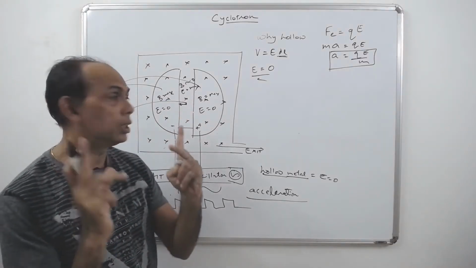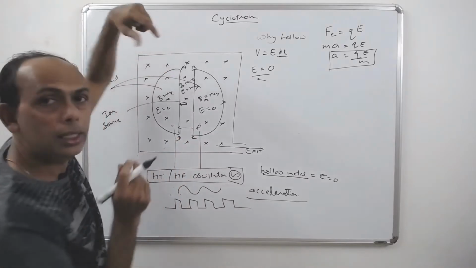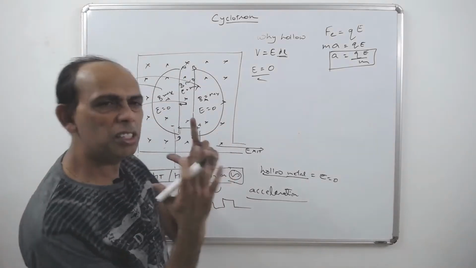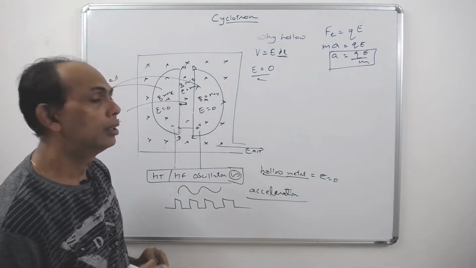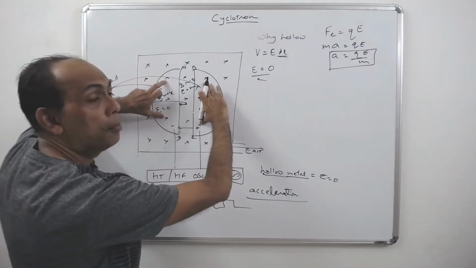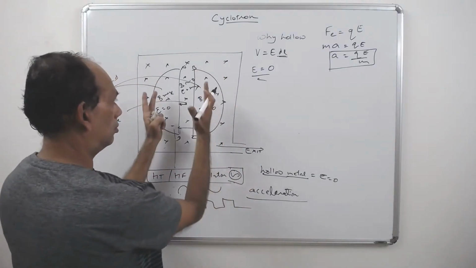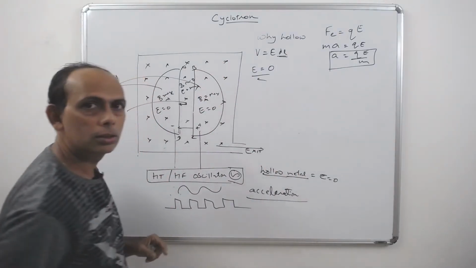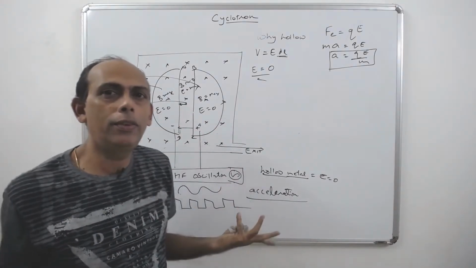So we have two regions. In region ABCD, the electric field is maximum and comparatively there is no magnetic field. In the D's, the magnetic field is maximum and there is no electric field. They are hollow metals. So we have two regions where the particle behaves differently.